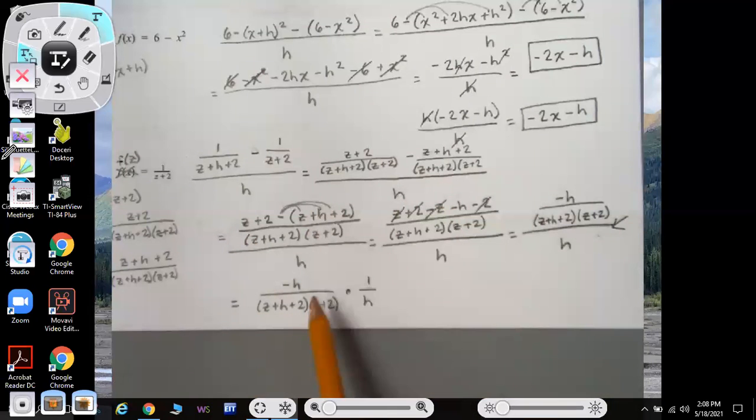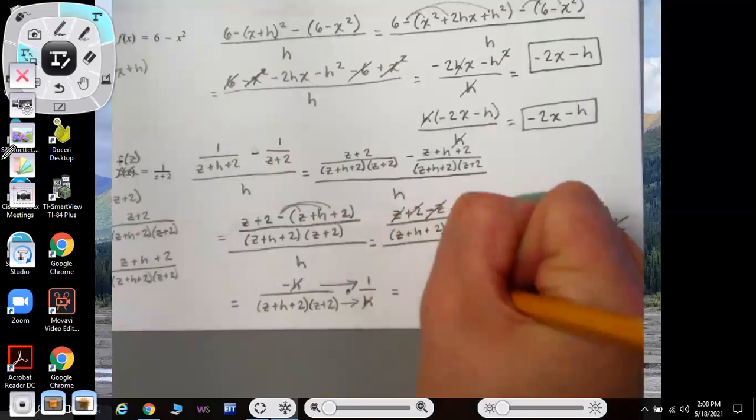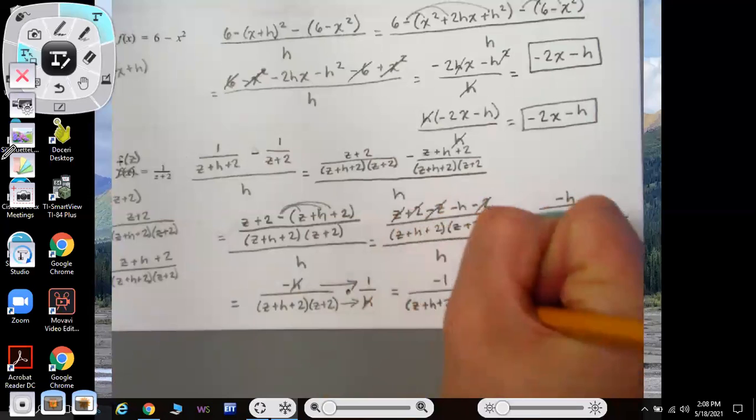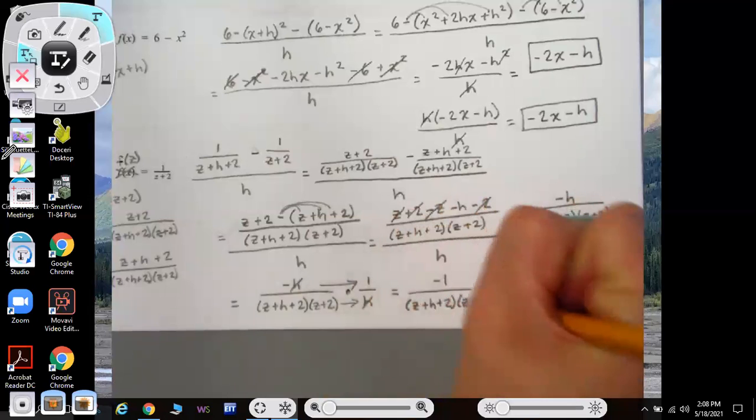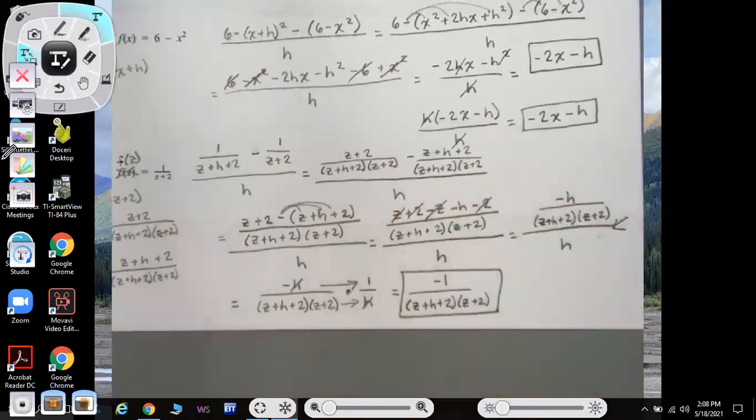Okay, so what's going to happen when we multiply straight across? This h and this h will divide out. So we can cancel those out, and we're left with negative 1 over z plus h plus 2 times z plus 2. And that is our answer for number 4.